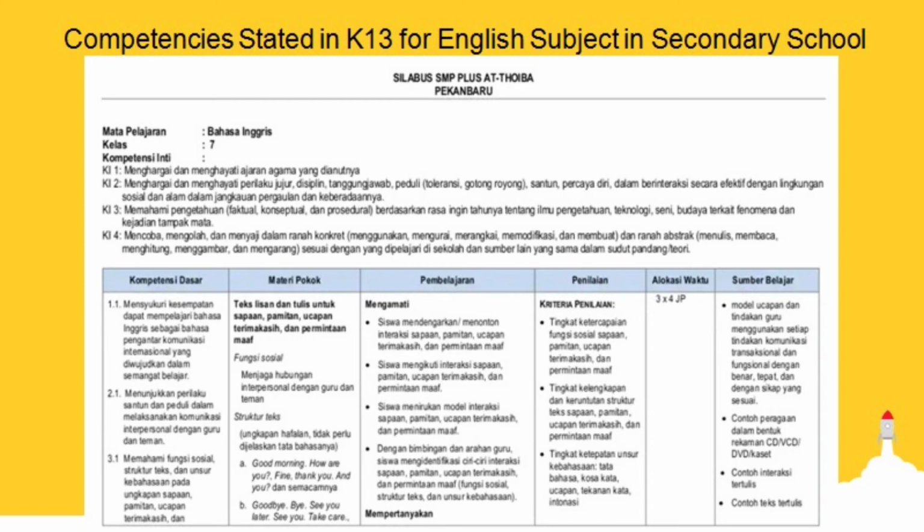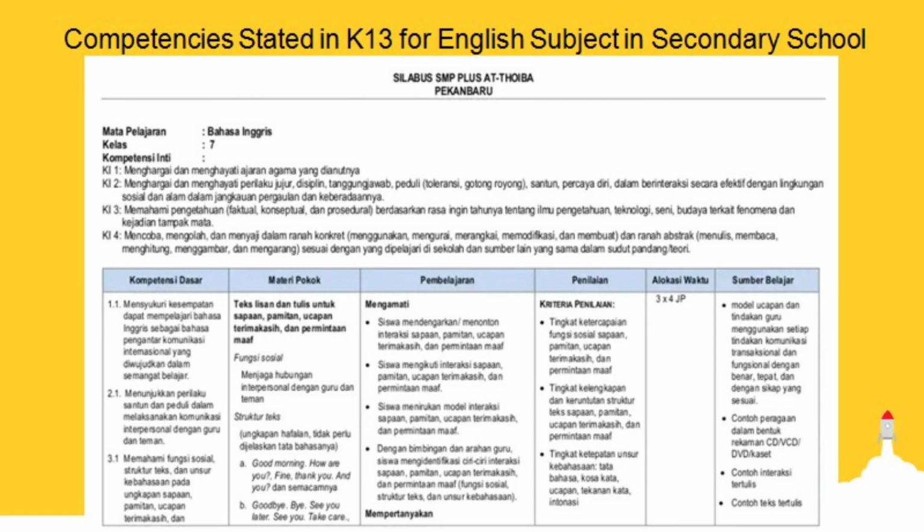The core competencies include core 1 until core 4. Core 1 is spiritual and core 2 is competencies of social. Core 3 is competencies of knowledge, and core 4 is competencies of skills.